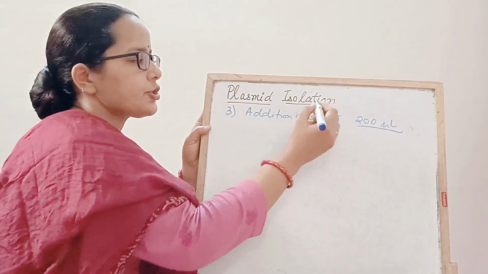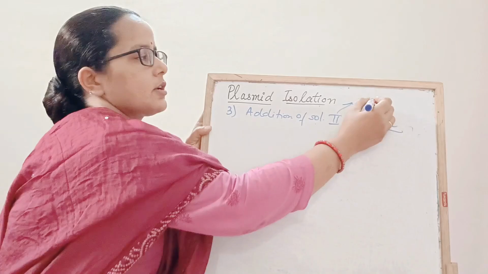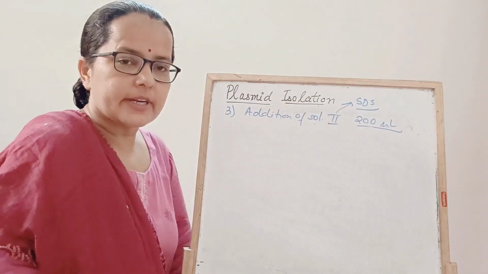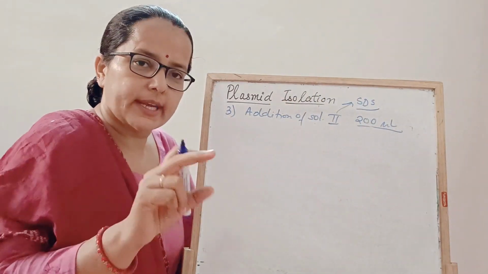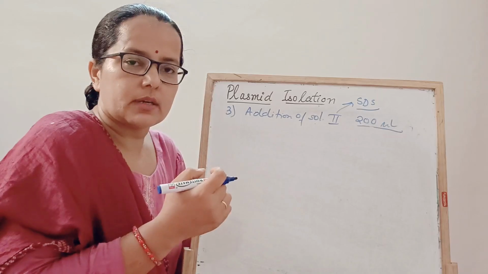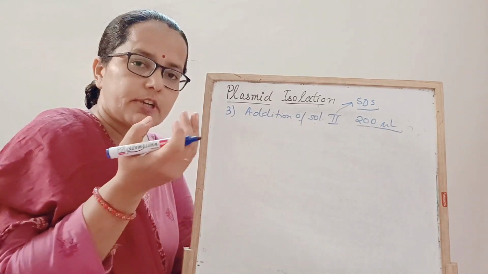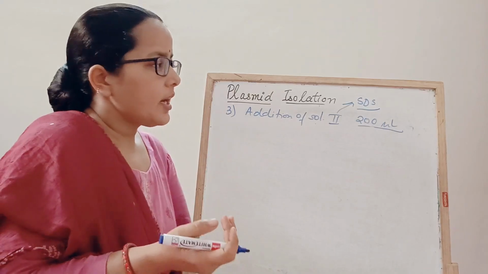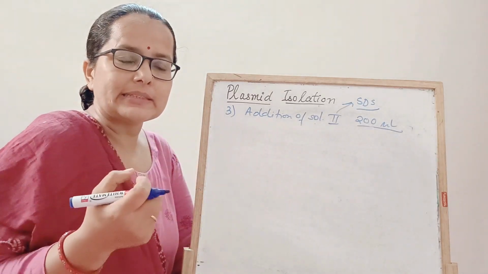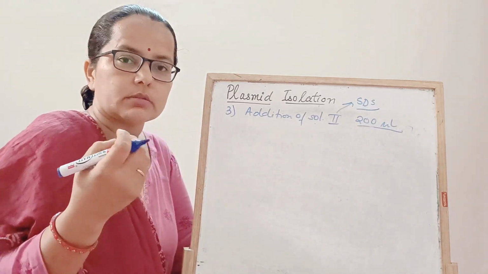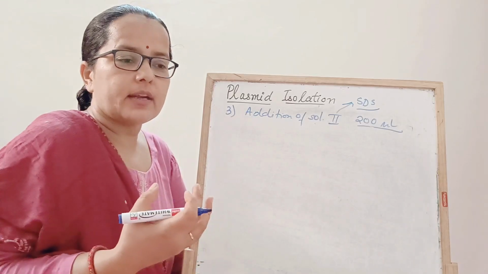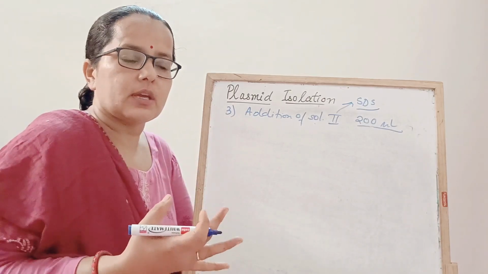Now because solution 2 has SDS, it is a detergent, and if you vortex it or pipette it, it will generate frothing. Working with the frothing is very difficult, and it is hard to collect your plasmids.